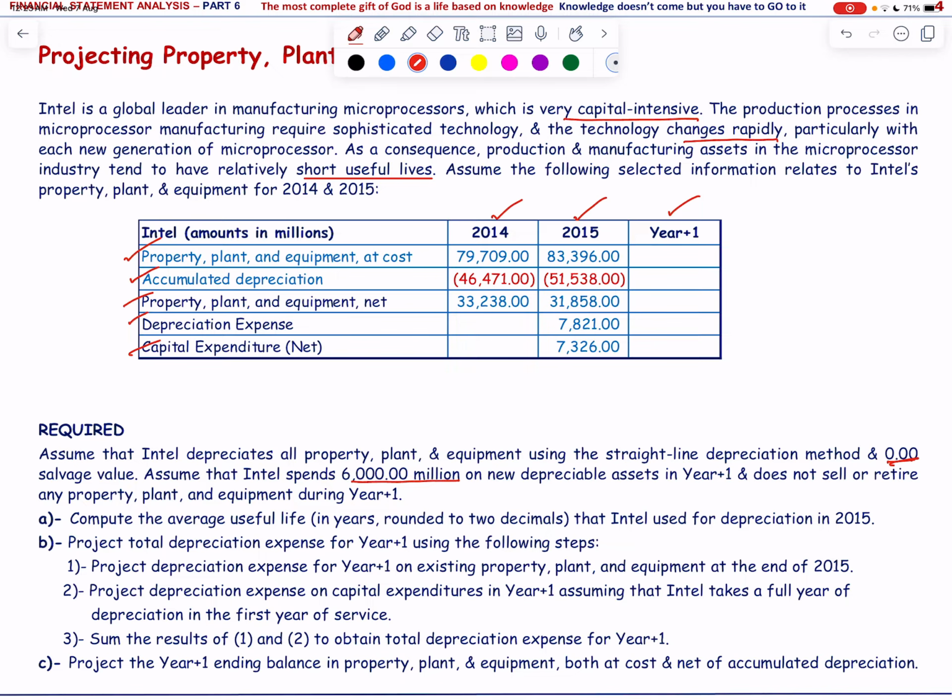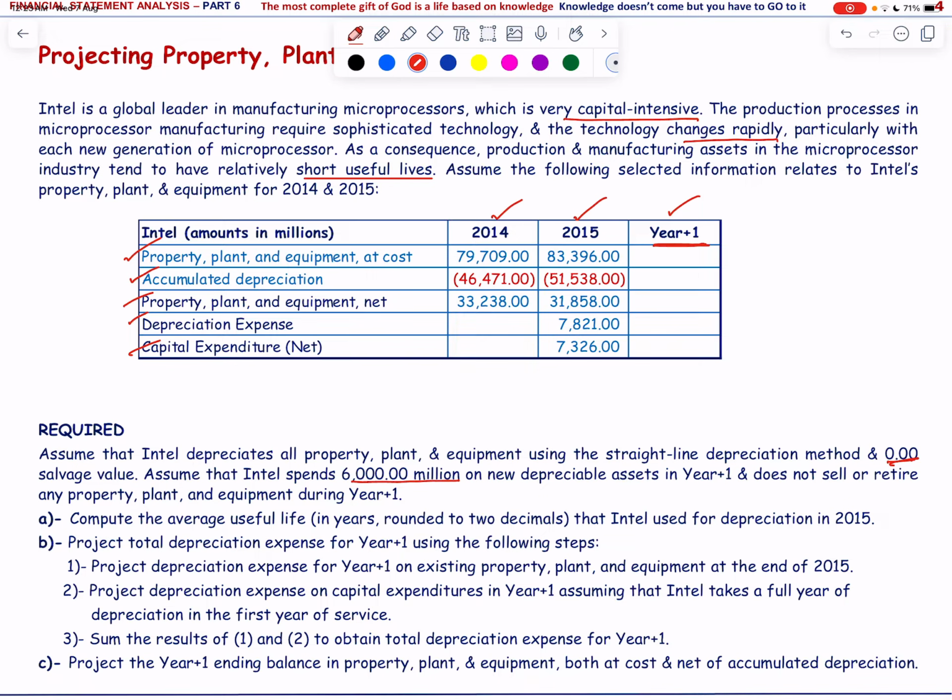So we can see that this exercise computes projected property, plant, and equipment, and it will also project depreciation expense for year plus 1 for Intel, which is a leading manufacturer of semiconductors. So let us look into the first one.